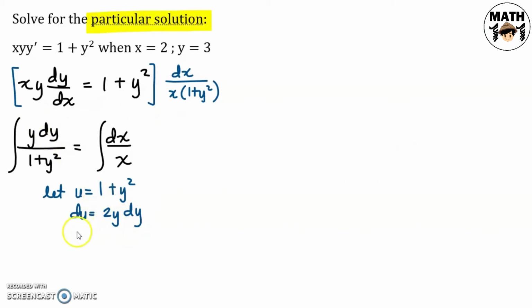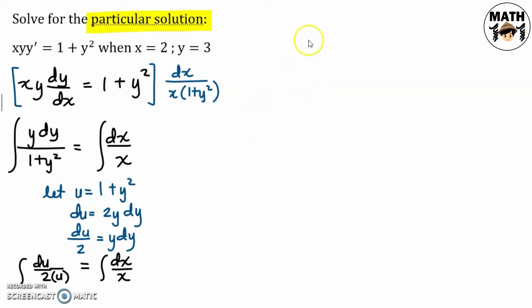So, to get that, we just divide the whole equation by 2. That is equal to y dy. Writing this, we'll have the integral of du over 2 multiplied by the denominator u. That is equal to integral of dx over x.